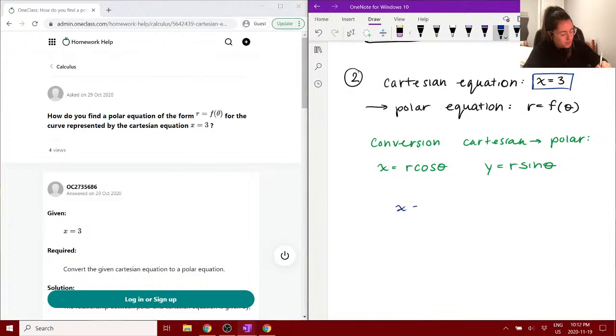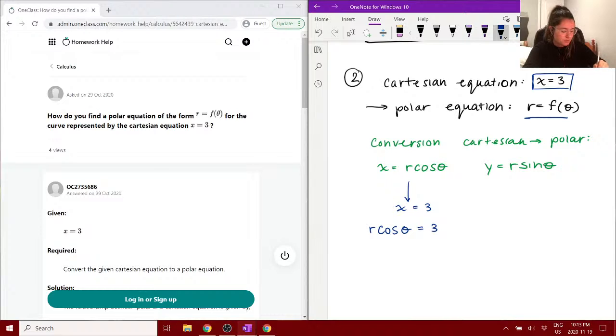So if we have x is equal to 3, we can substitute our x is equal to r cos theta right into the equation. So we have r cos theta is equal to 3. And remember, for our polar equation, we want it to have r is equal to a function of theta, so r is on the left-hand side.